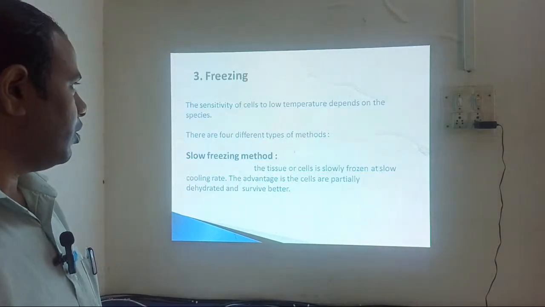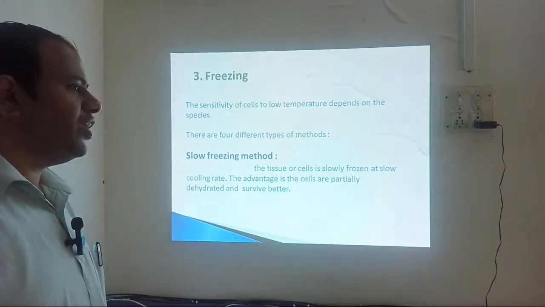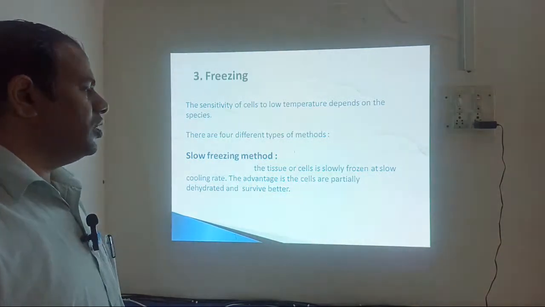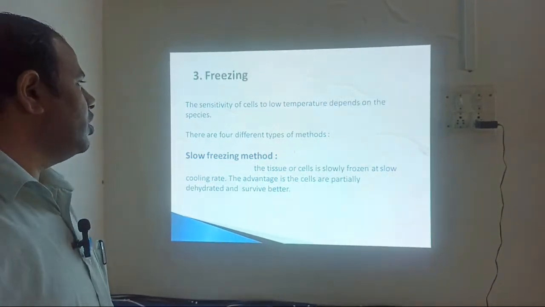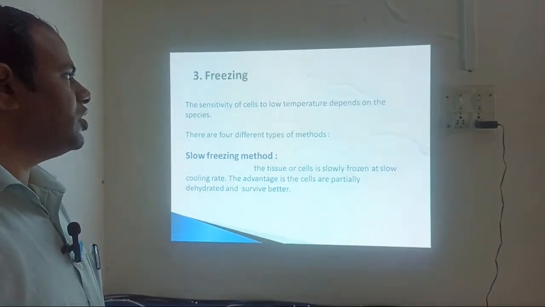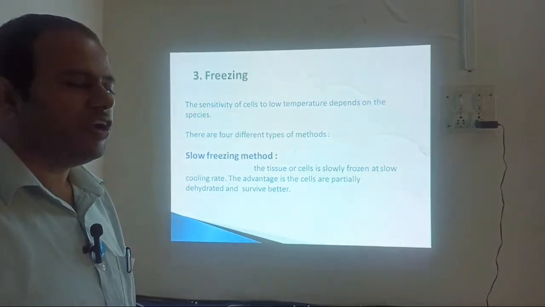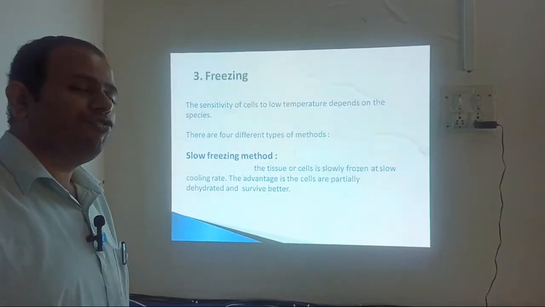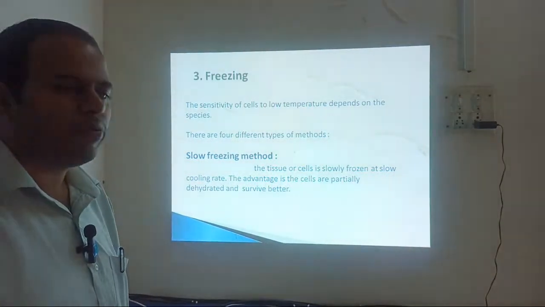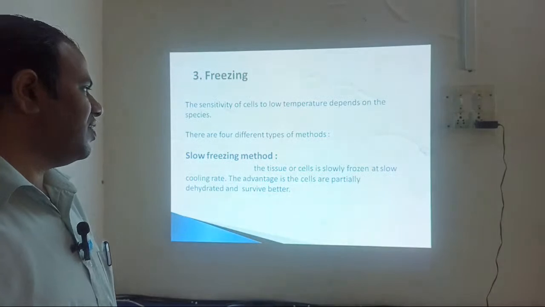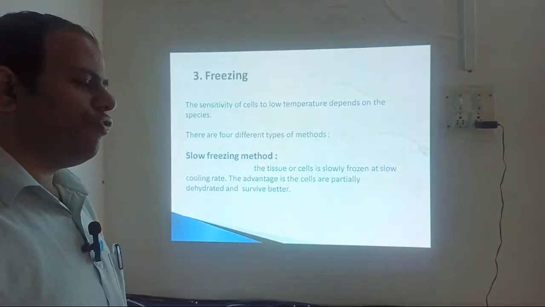Let's see the next step, that is freezing. In this step, after adding the cryoprotectant, the temperature is gradually lowered. The sensitivity of cells to the low temperature depends on the species. It is different for different species. There are four different methods of freezing. You cannot directly plunge it into liquid nitrogen. First is the slow freezing method.